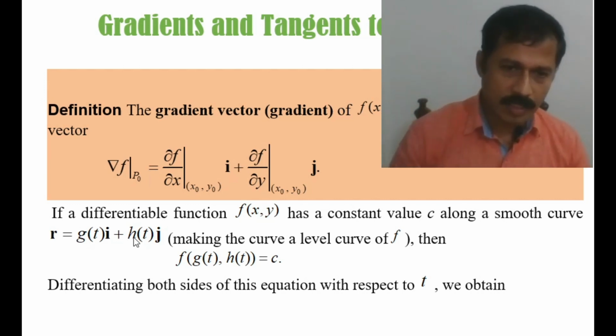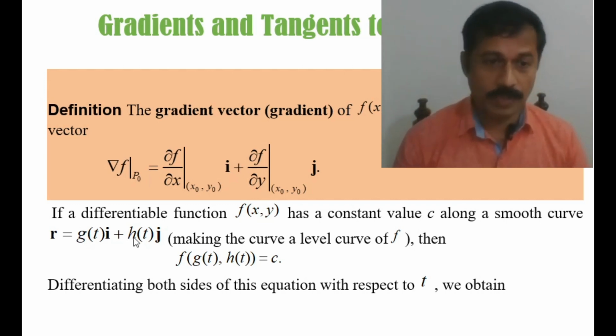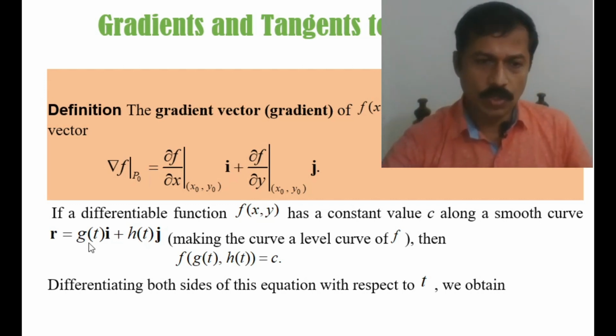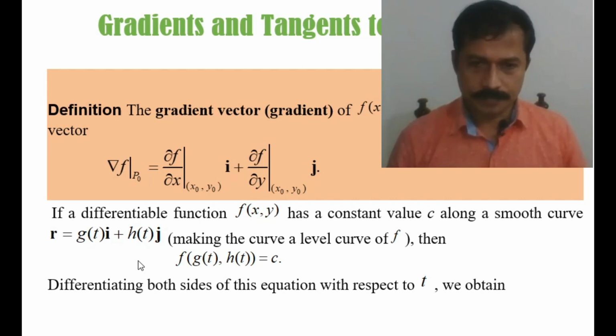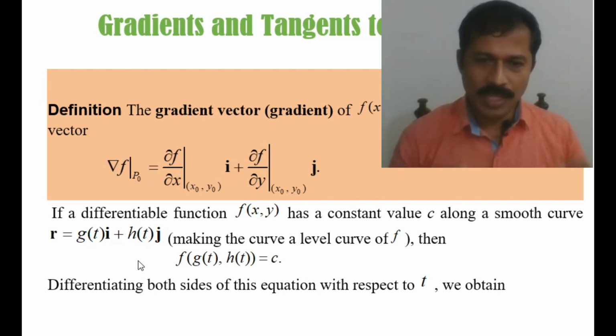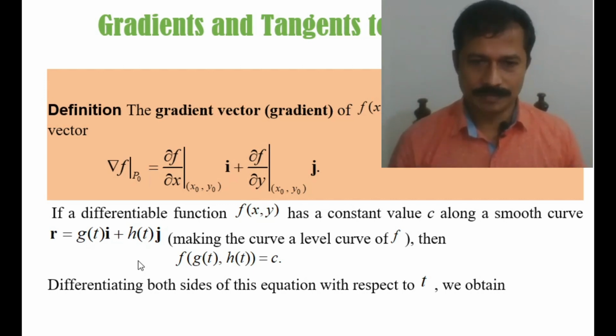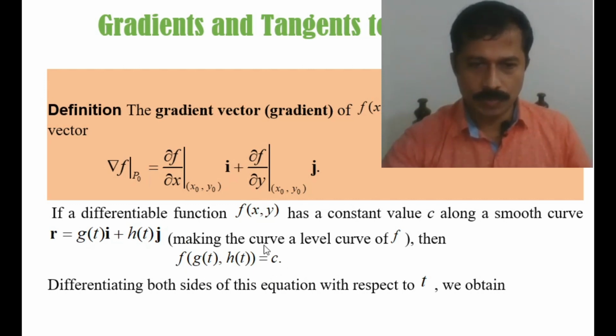If on that curve, which is the graph of the vector valued function r of t is equal to g of t i plus h of t j, the differentiable function f of x, y has constant value c, then we can write f of g of t, h of t is equal to c, because f of x, y is equal to c.